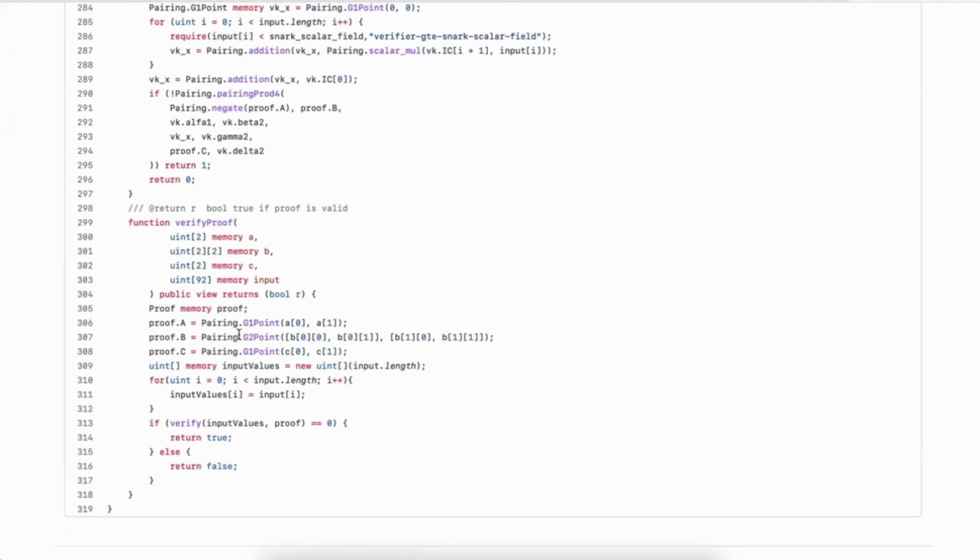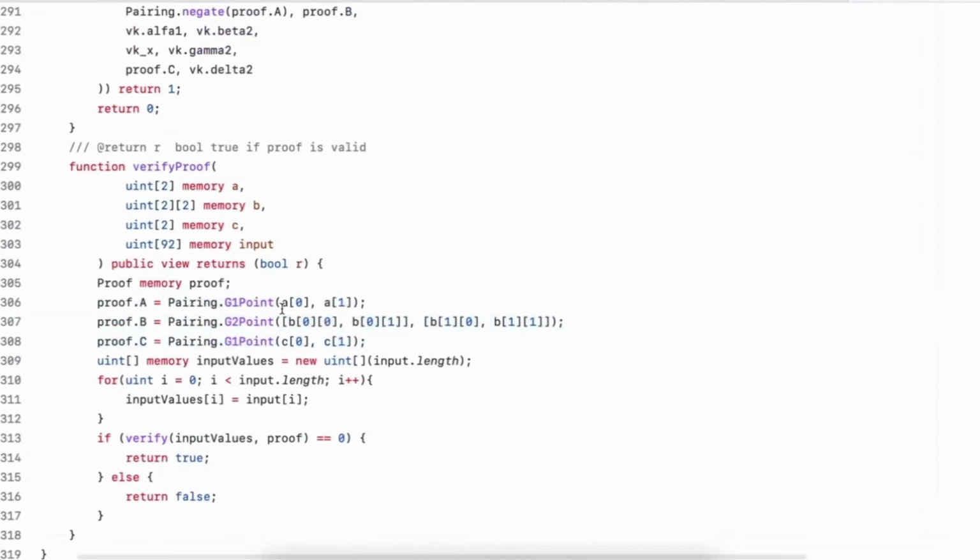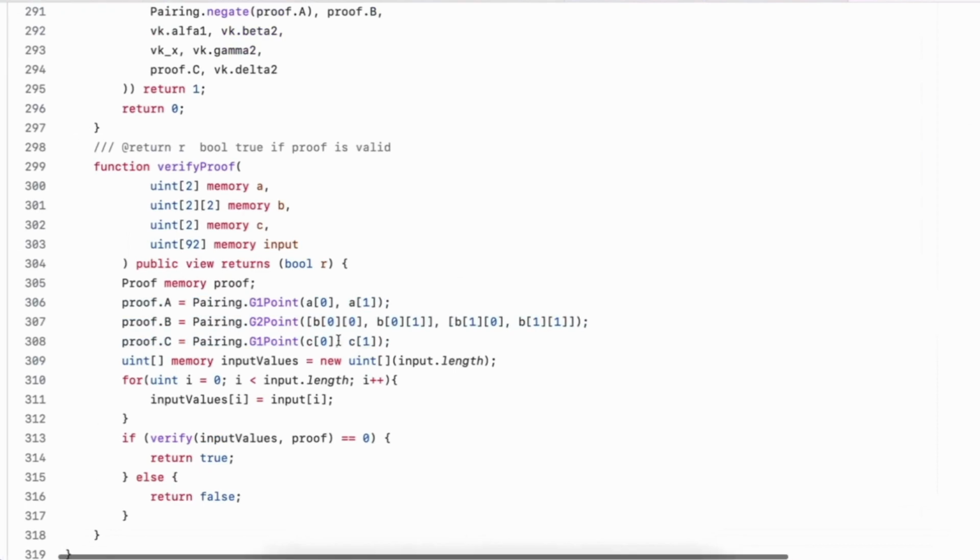So ABC. First you're putting them in the proof. Oh, wow. Yeah, all the pi things from our proof are being passed into this mathematics. Well, I guess they're very naturally.